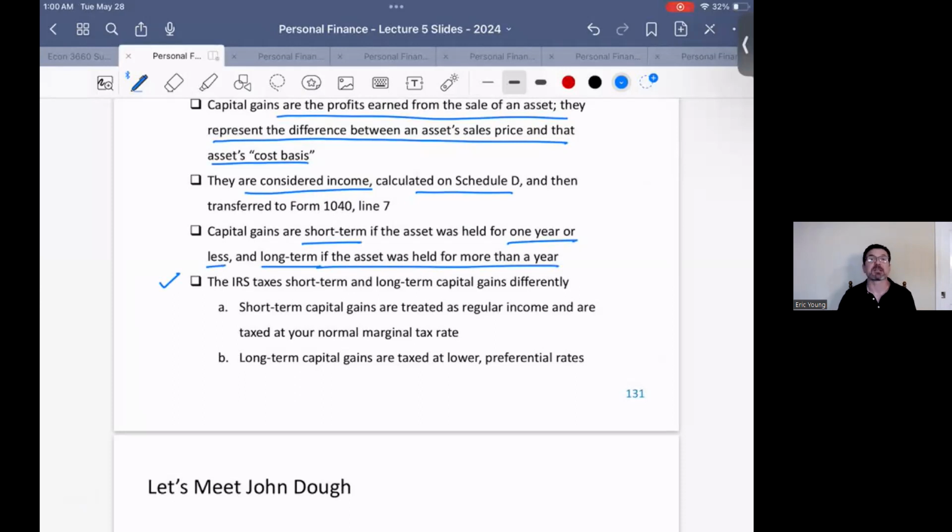But in this case, there are differences in how short-term and long-term profits are treated. Specifically, the IRS taxes short-term and long-term capital gains differently. Short-term capital gains are treated as regular income, and they are taxed at your normal marginal tax rate.